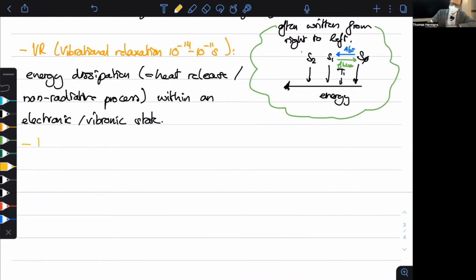Then we have internal conversion, which is the same time scale, 10 to the minus 14 to 10 to the minus 11 seconds.